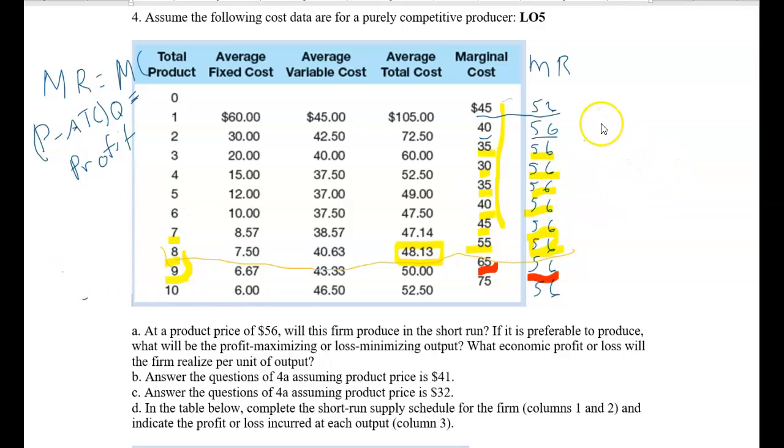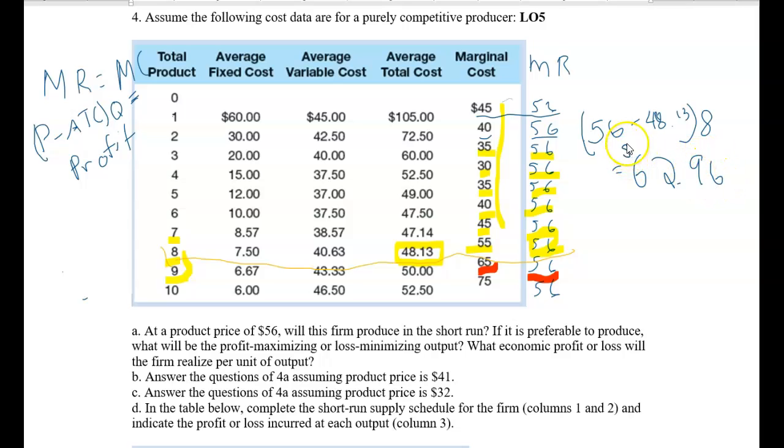So it's going to be 56 minus 48.13, and we are producing 8 units, and that is going to tell us what our profit is. So that's going to give us a profit of $62.96.